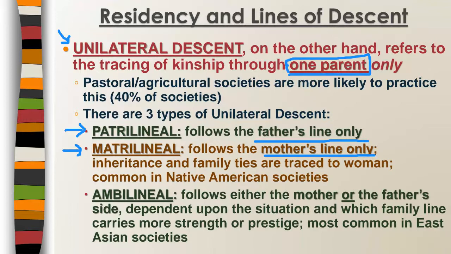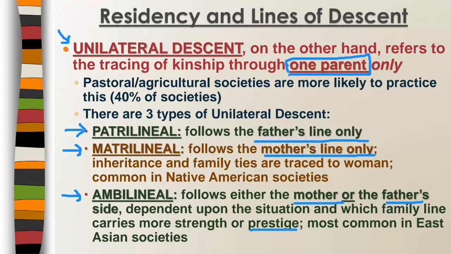And ambilineal societies will trace their descent either through the mother or the father side, depending on which side carries a little bit more prestige.